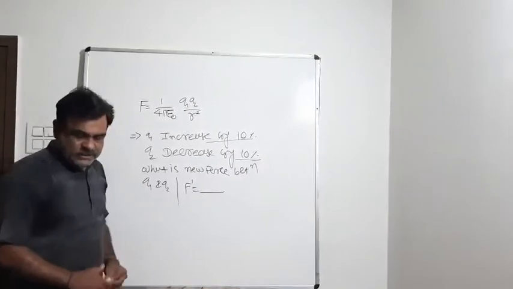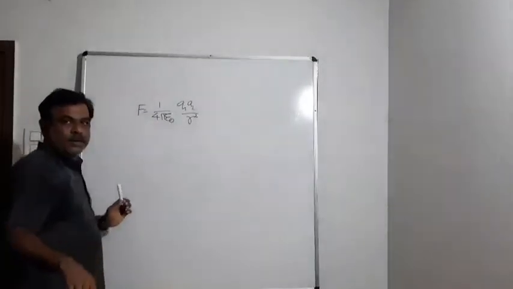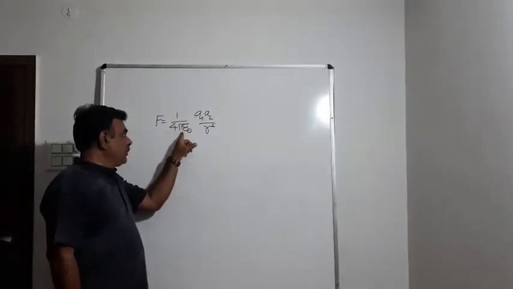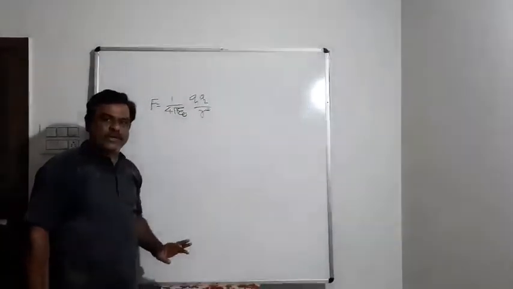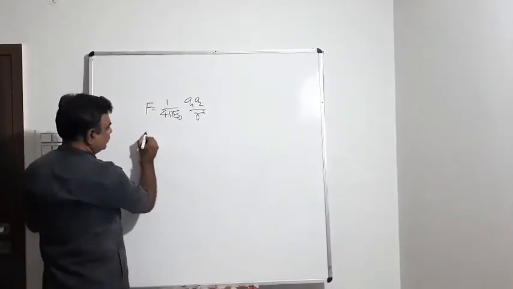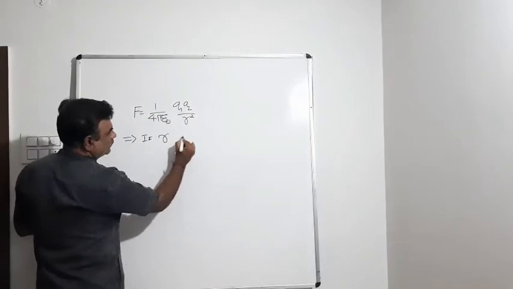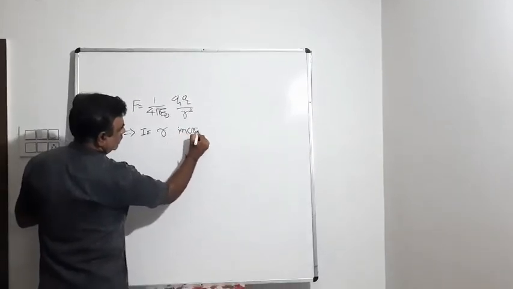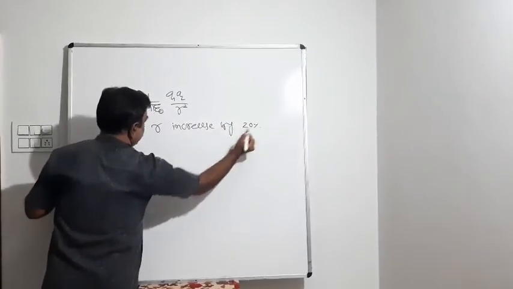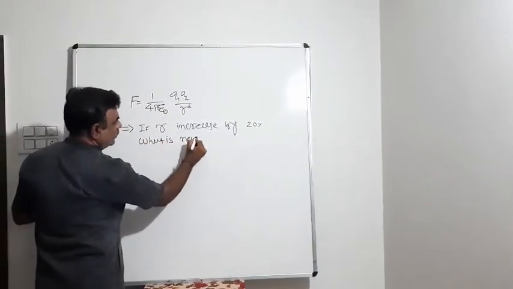Second question based on this. If the force between two charges is 1 upon 4 pi epsilon 0 q1 q2 by r square, and r increases by 20%, what is the new force?